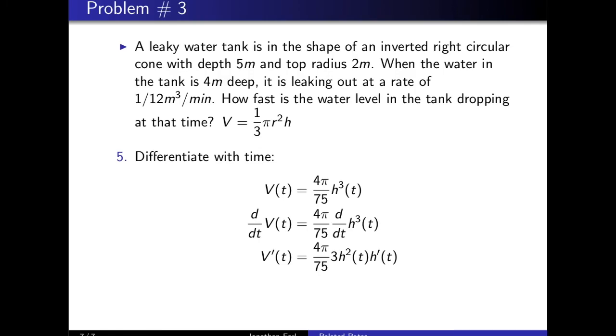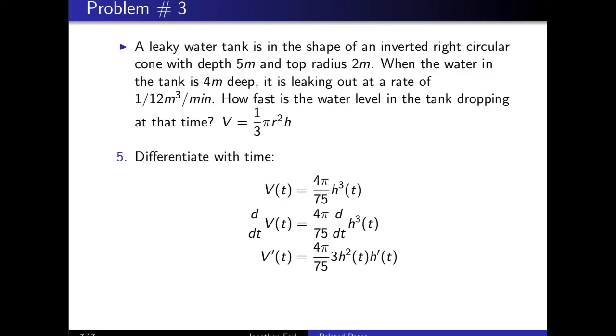Okay, so we'll assume that everything is now a function of time and take derivatives with respect to time. So we'll take dV by dt on the left and get V prime. On the right-hand side, we have these constants, 4 pi divided by 75, which we can pull out in front, and then just take the derivative with respect to time of h cubed of t. Our height's changing with time, so we take implicit derivatives. From the chain rule, we'll get 3h squared times h prime.